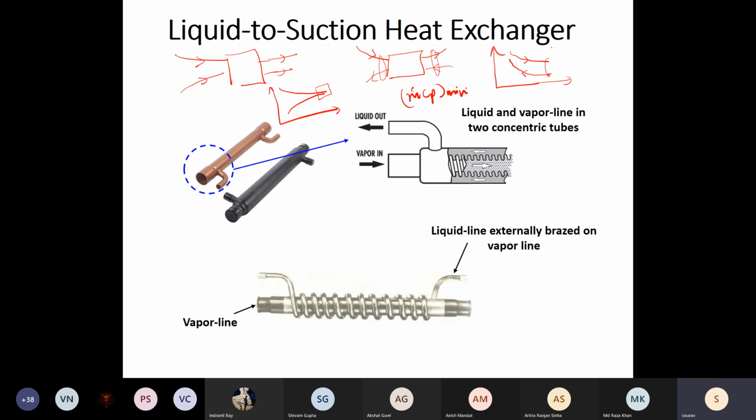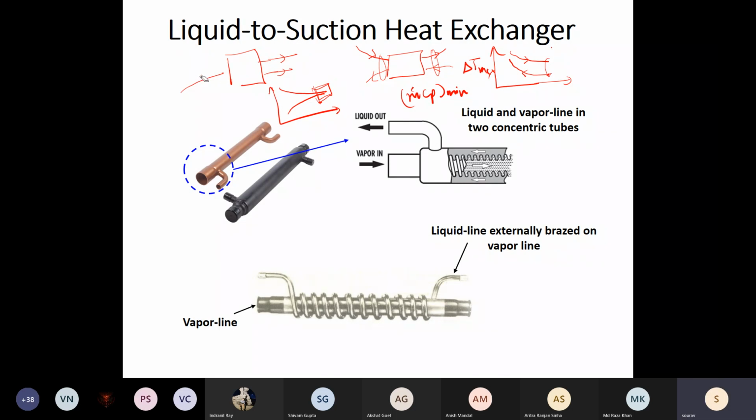Whichever fluid has the minimum m dot into Cp, that fluid will undergo the maximum delta T. And in the counterflow arrangement, you can realize the maximum delta T. In the parallel configuration, you will be limited by the two temperatures coming close to each other. So this is where we had stopped.